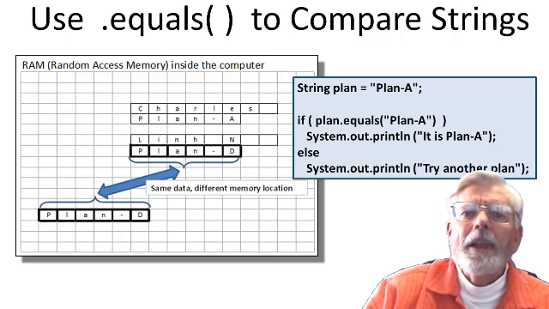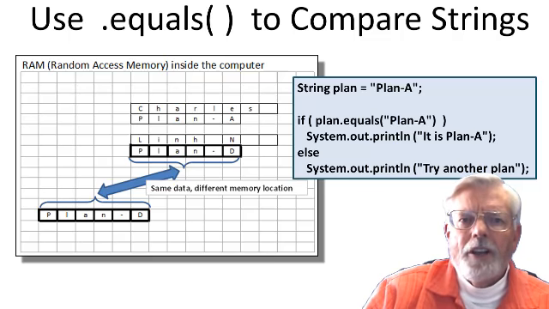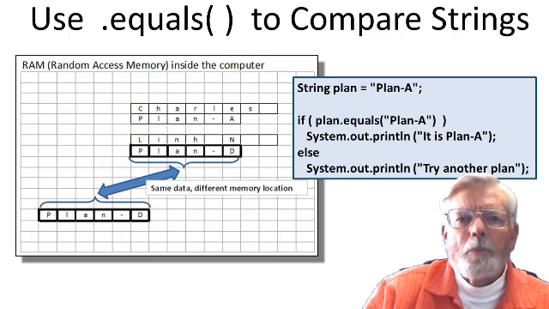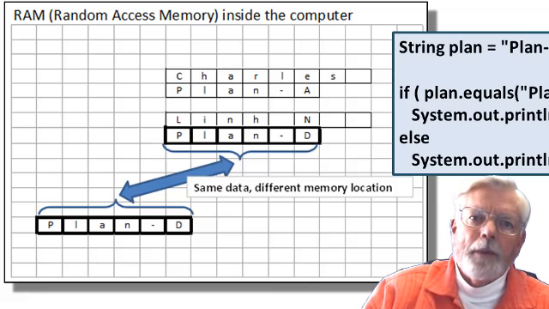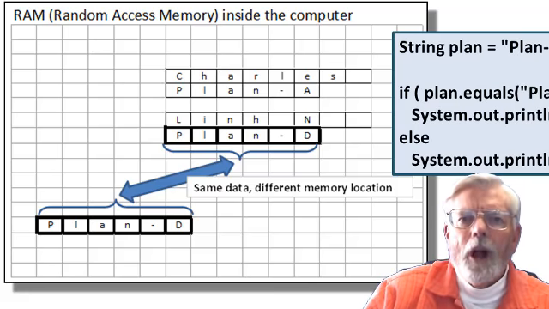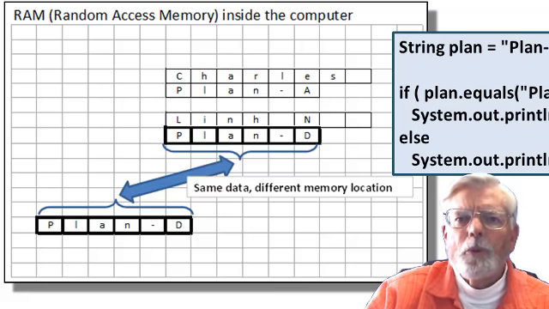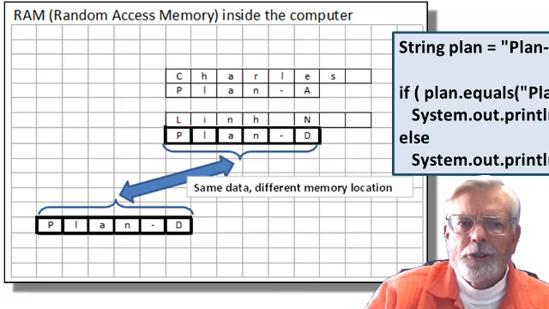When using double equal with objects, Java checks to see if the objects on both sides of the double equal are the same object in the same memory location, not if their contents are the same. Using double equal with objects is only good if you have two references and you want to see if both references are for the same object. We will see more about this in the discussion of objects.